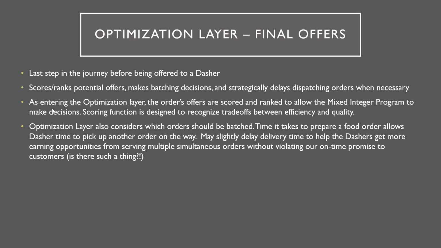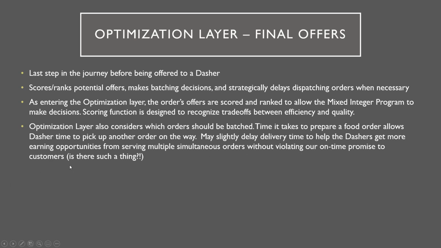Optimization layer also considers which orders should be batched. Time it takes to prepare a food order allows dasher time to pick up another order on the way. So if one's going to be ready in 15 minutes and one's ready now, they could pick up the one that's ready now and then drive over to the other one. This may slightly delay delivery time and to help the dashers get more earning opportunities from serving multiple simultaneous orders without violating our on-time promise to customers.